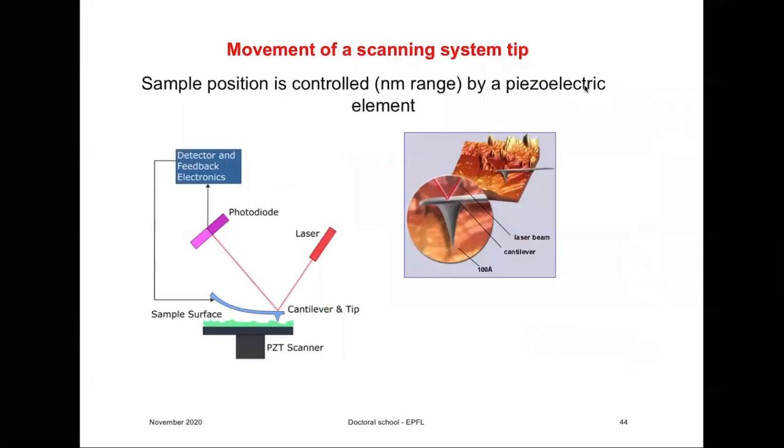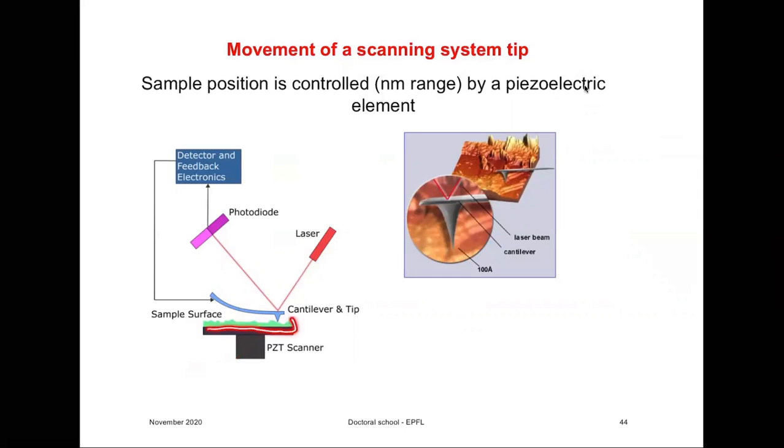And now I would like to discuss a little bit the scanning systems with piezoelectric materials. This is used in atomic force microscopes, but also in other places where you need scanning and control of scanning with sub-nanometer resolution or even better. So how does it work? You have a piezoelectric scanner here.